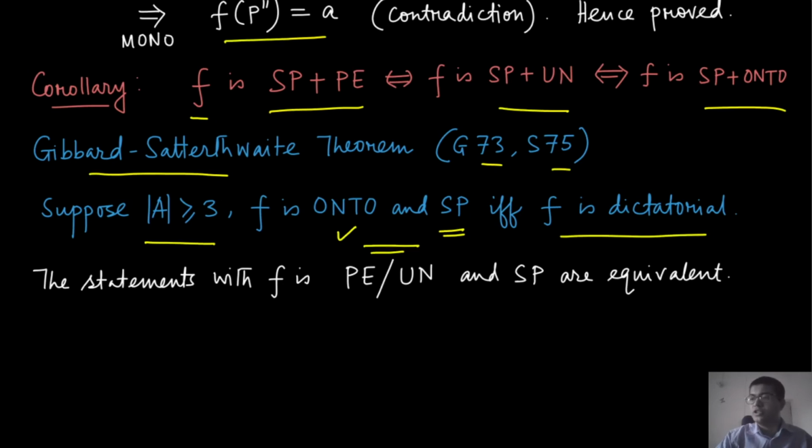Of course, because of this corollary, you can see that we can replace onto with unanimous or Pareto efficient. So in certain other texts and books the statement might be written as f is unanimous and strategy proof if and only if it is dictatorial, but all those statements are equivalent in this setting.